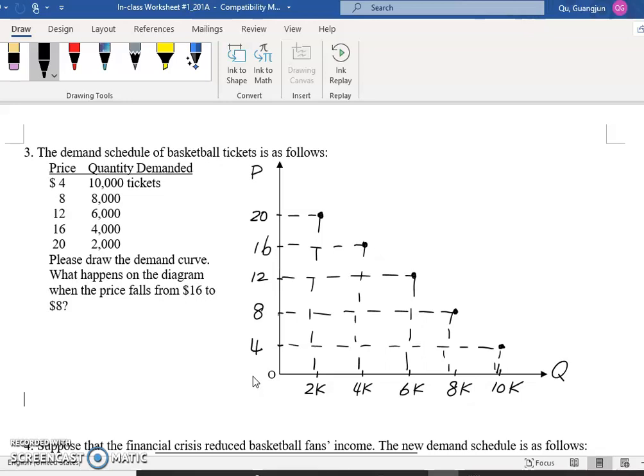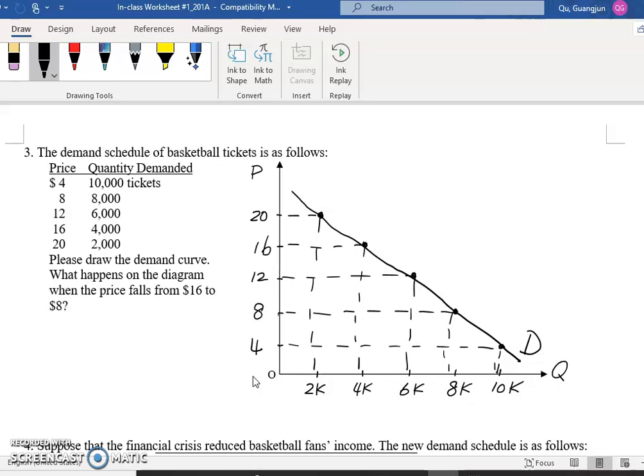Now, once we find these dots or combinations on the graph, we can connect them to get our demand curve. Let's label it as D. D is for demand.